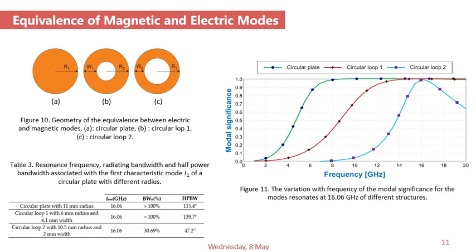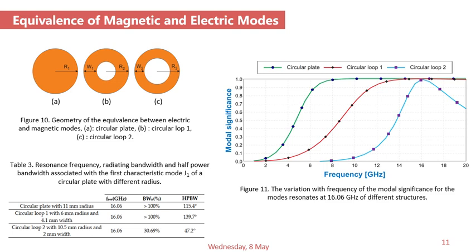The first mode of the circular plates and the circular loop 1 is a broadband radiator with associated radiation bandwidth bigger than 100%. It can also be seen that the circular loop 2 presents a radiation bandwidth smaller than the circular plate cases.